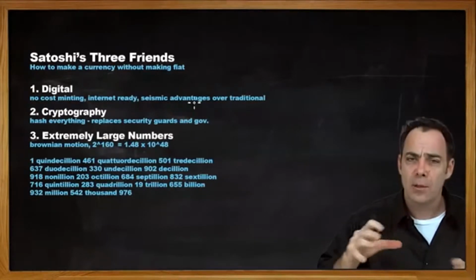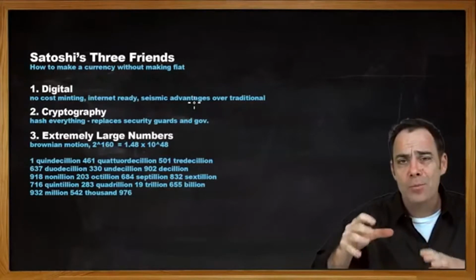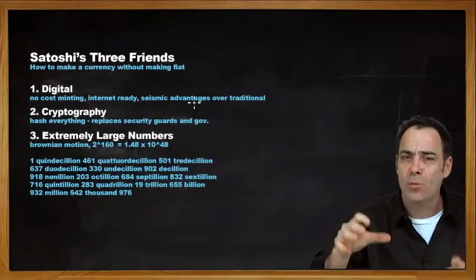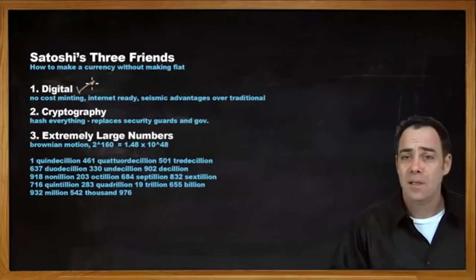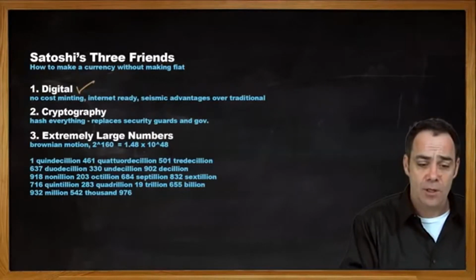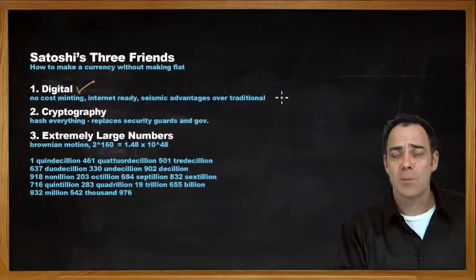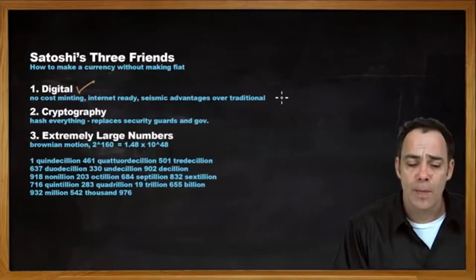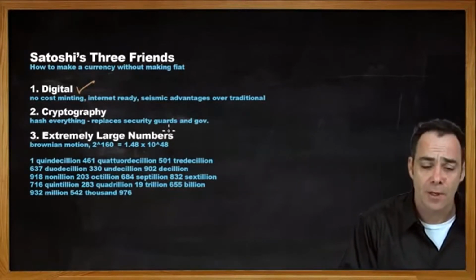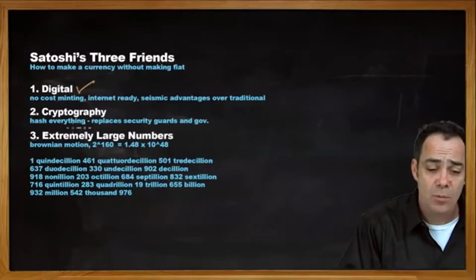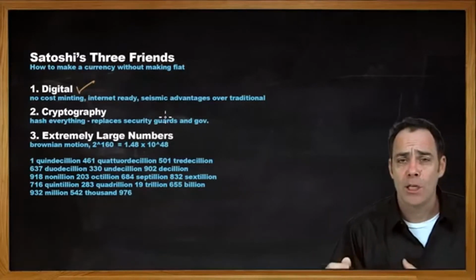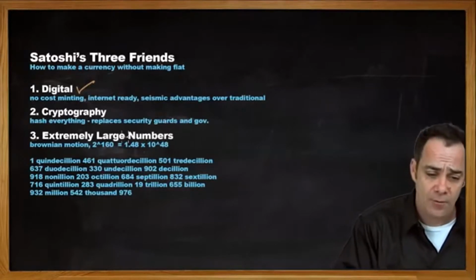And in fact, when you look at how he solves problems, he's relying on basically 3 friends to make his currency. And those 3 friends are, well, he's making it digital, all right? So there's no cost in minting, it's internet ready, seismic advantages. We've already spoken a little bit about that. He's using cryptography, and we're going to talk about that much more fully in a bunch of other videos, but he's replacing a lot of the need for security guards and all that using cryptography.